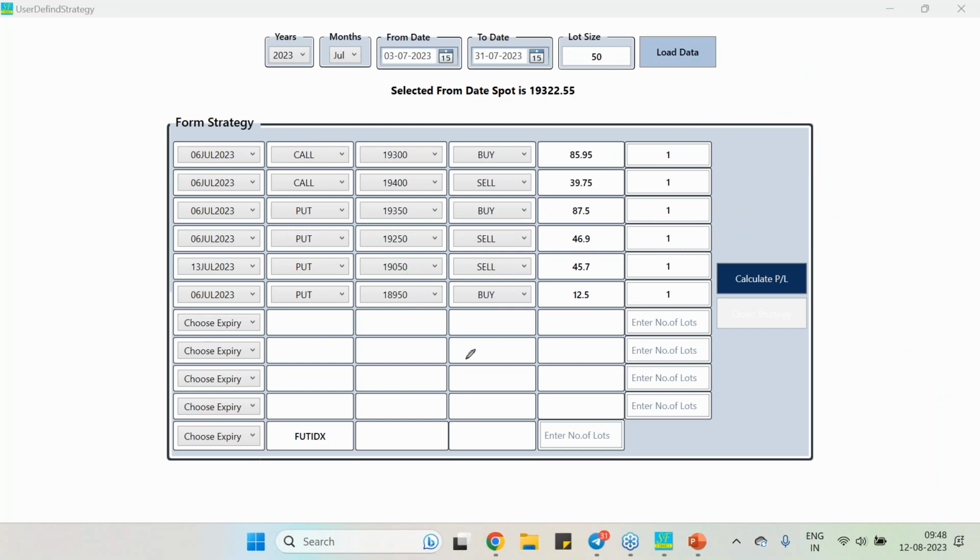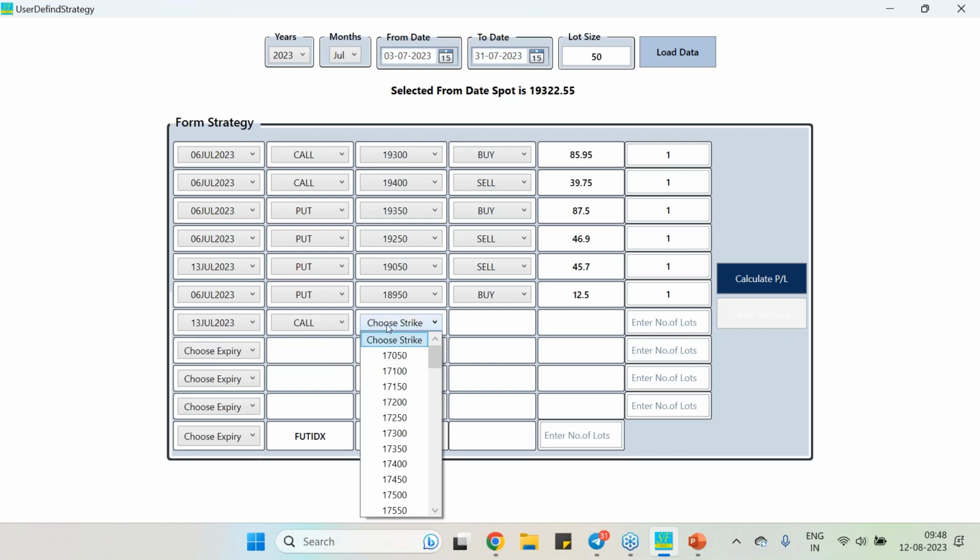The way I did this process, the same process I will be doing for the call also. For the call I have 46 rupees risk, so that also I want back. So I will go slightly up. That too I am doing with the near expiry, not the current expiry. I am going for the near expiry call option. What call option will I sell?